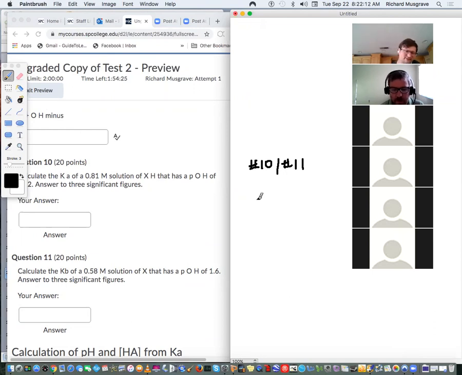We could be looking for KA and be given pH, or we can be looking for KA and be given pOH.